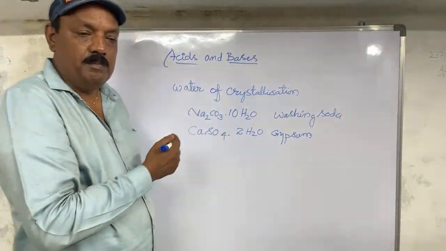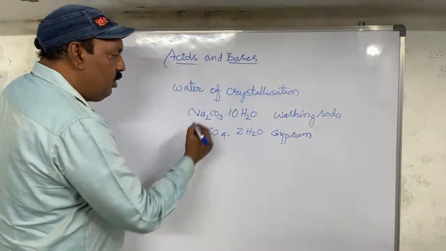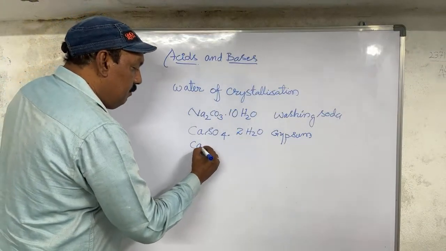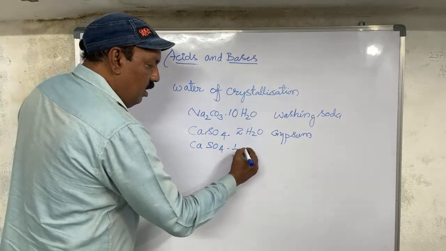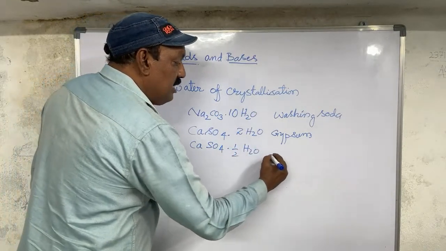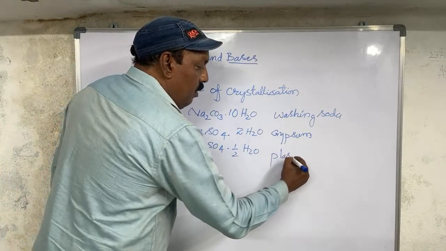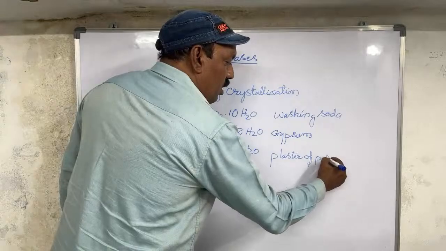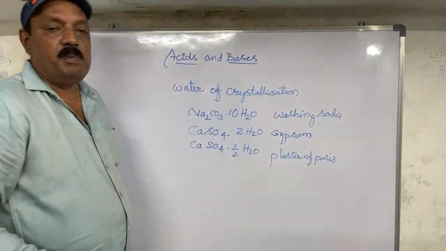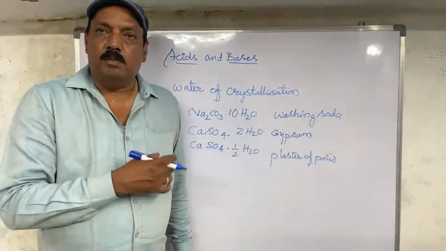Now come to one more example for water of crystallization, CaSO4·½H2O. This is what I call plaster of Paris. Plaster of Paris is a very popular term.